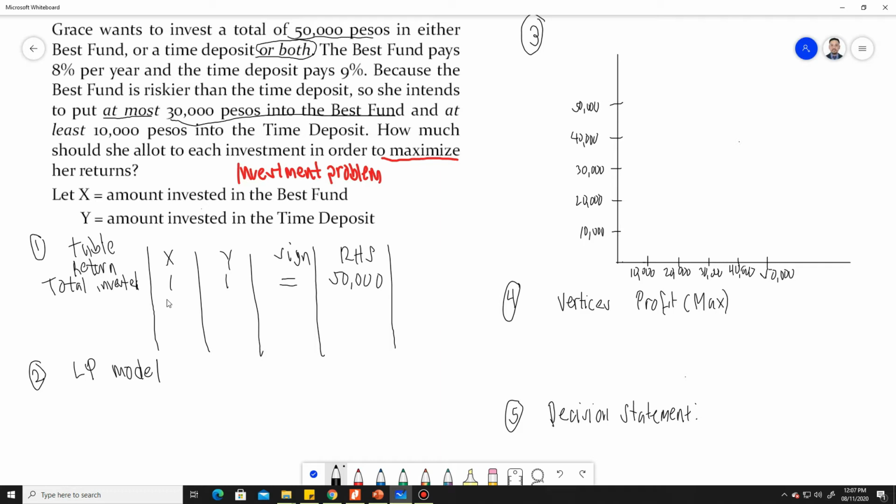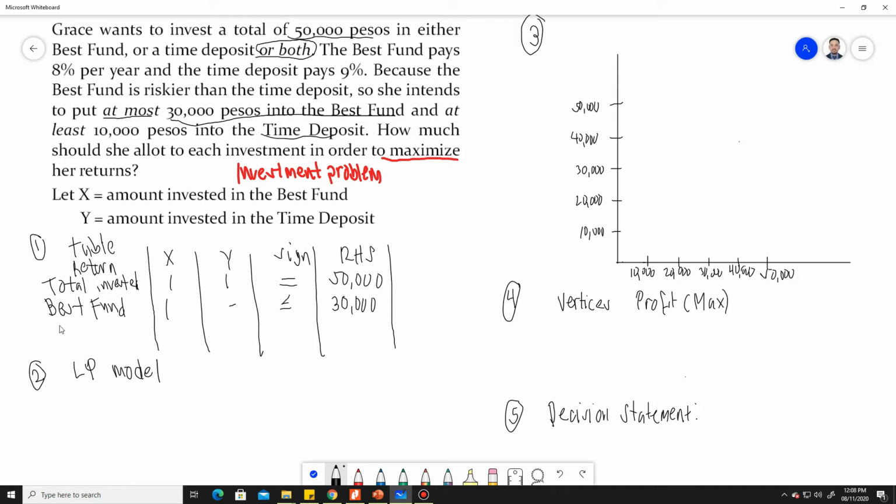So, yung best fund natin is much riskier. Kaya at most, so ang sign ng at most is less than or equal. No? Best fund less than or equal 30,000 pesos.